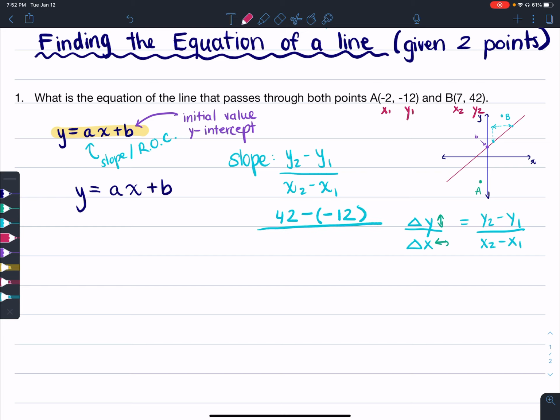I'm going to put a nice highlight over here, since this is where a lot of people make mistakes. So if you're going to watch out anywhere, this is the spot where you really need to watch out. So same thing for x2. Our x2 is 7, and then our x1 is negative 2, so minus negative 2.